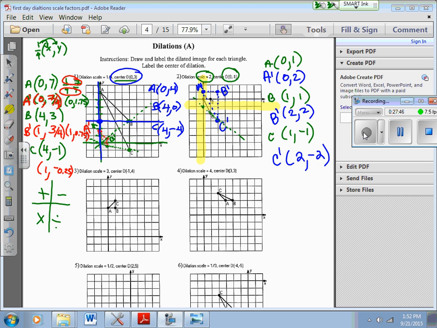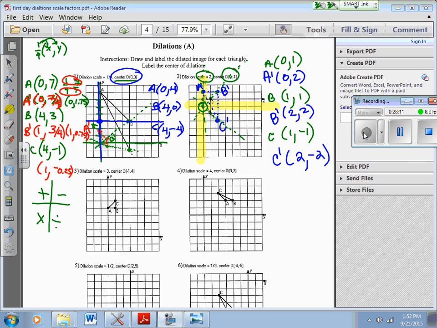Check now, does B and B prime do that? And then A to A prime, if they all check at that point, then your dilation is correctly done. Okay? Any questions on that part right there?